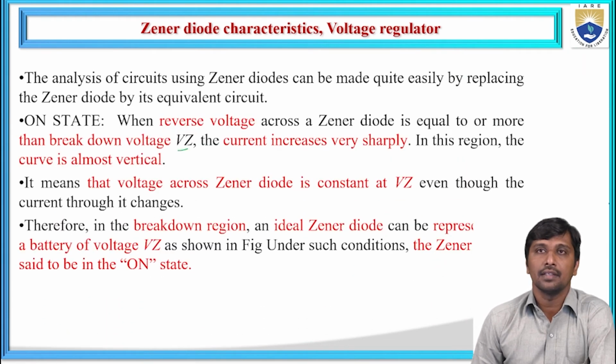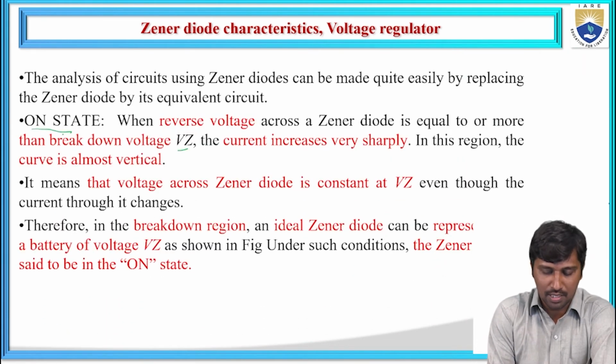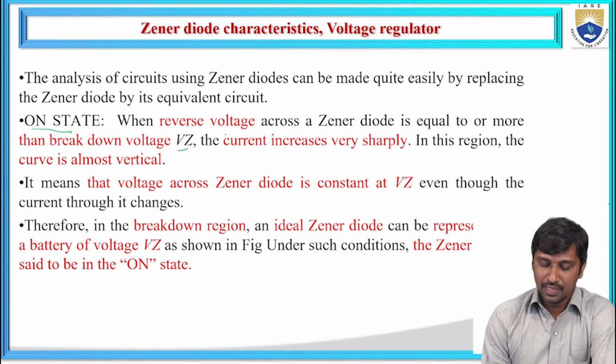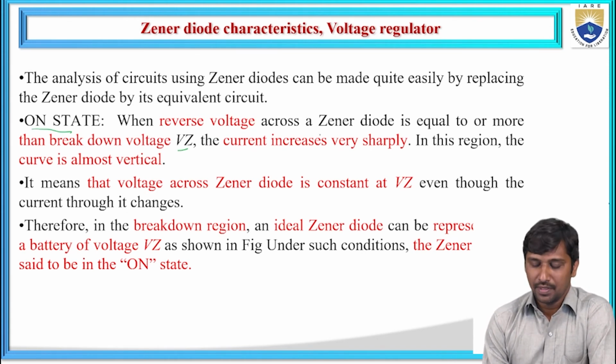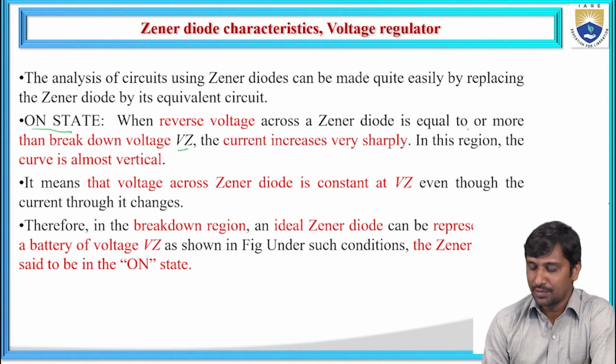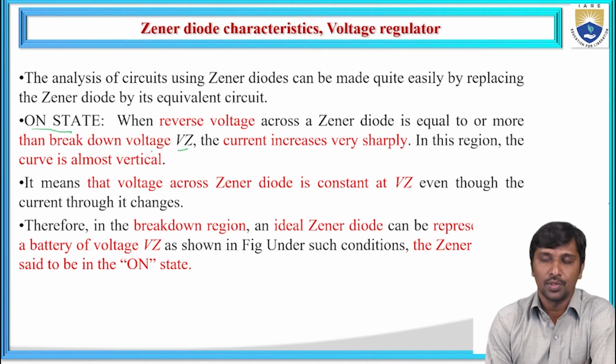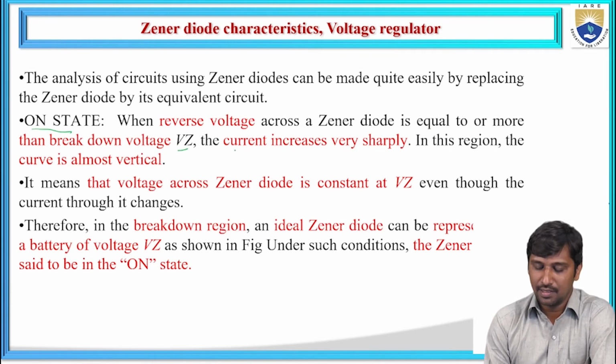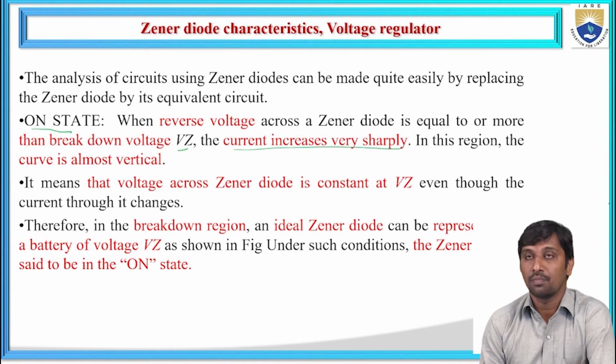That state is also called the on state. So when the reverse voltage across the Zener diode is equal to or more than the breakdown voltage, Vz, the current increases very sharply.